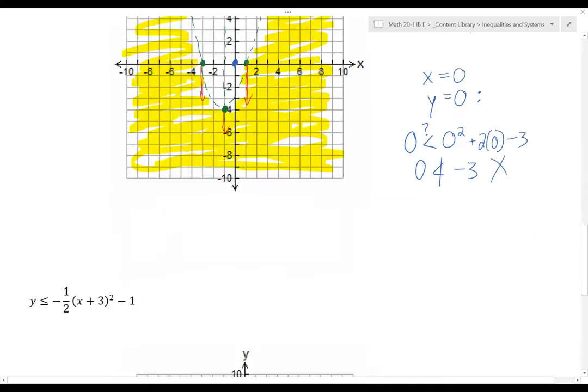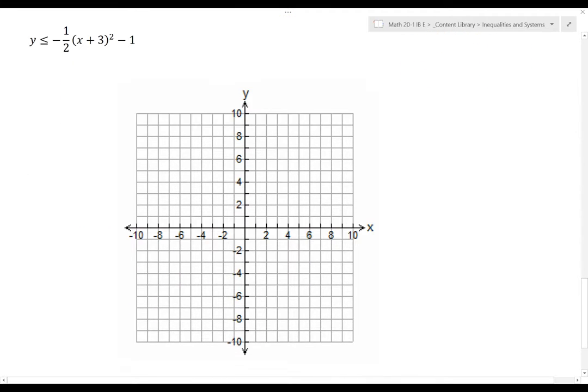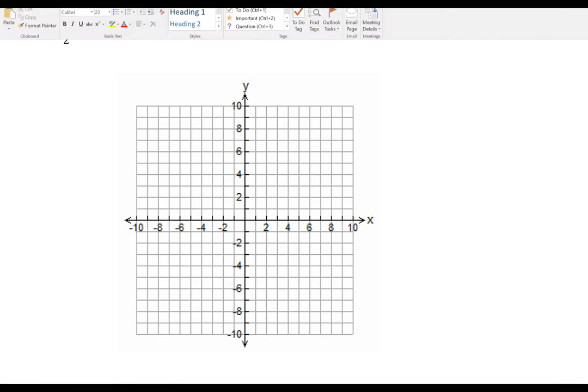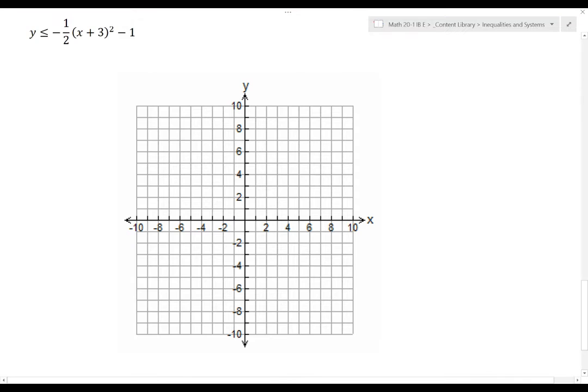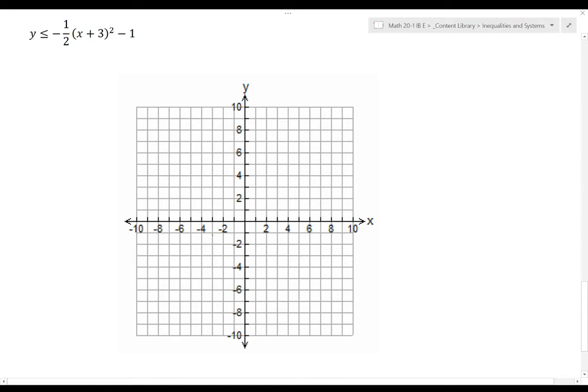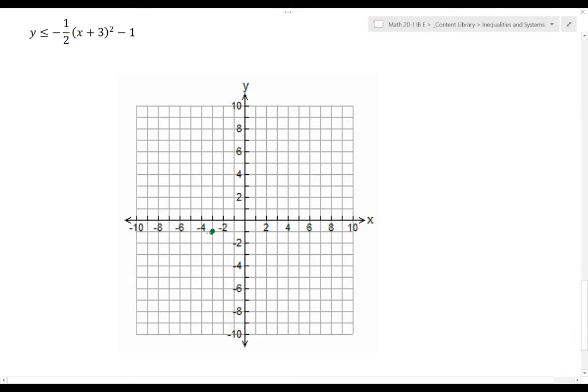And we'll look at one more quadratic one. This one is given to us in the vertex form, so I can already tell that the vertex is going to be at (-3, -1). This one opens downward. I'm going to find the y-intercept too, because then I can get a slightly more accurate sketch.